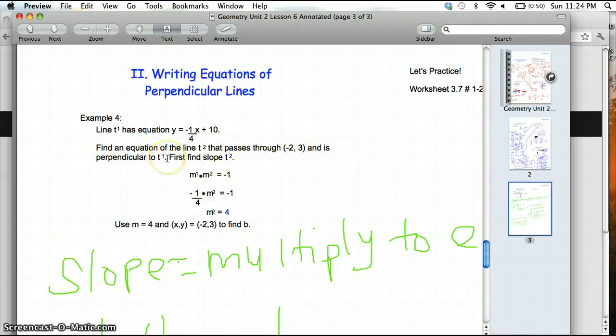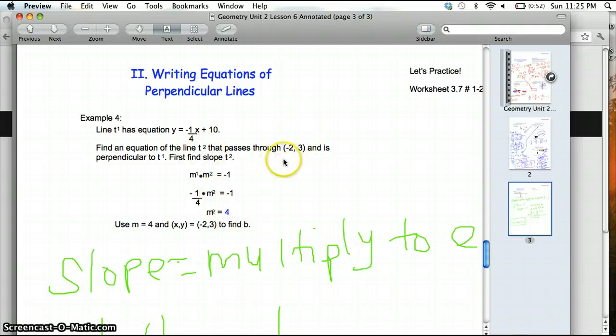Again, if T1 and T2 are perpendicular, then both of our slopes have to multiply to -1. So m1 times m2 is -1. Now we know that the slope of T1 is -1/4. So if we multiply by 4 over 1, we're going to get -1. So the slope of line 2 has to equal 4.